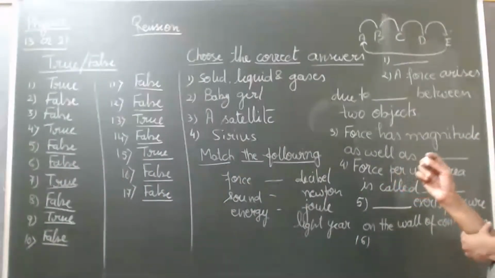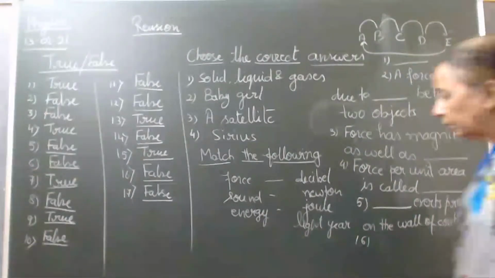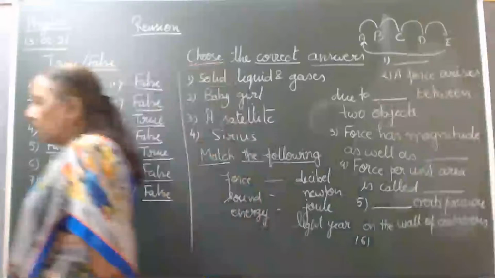So most of the portion, like 70% of the lesson, you will prepare by this method, and the 30% question answers portion will remain, which you can complete by yourself. If any doubt is there, you can discuss with your friends and study very well. That is my humble request.